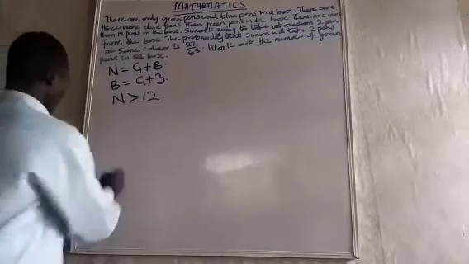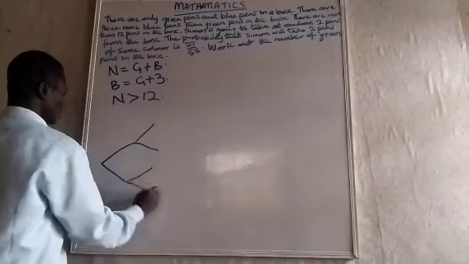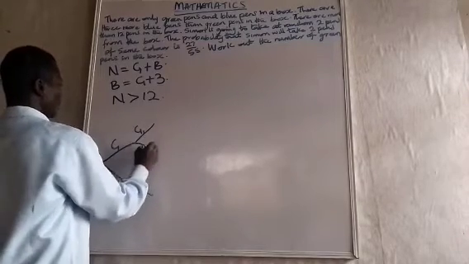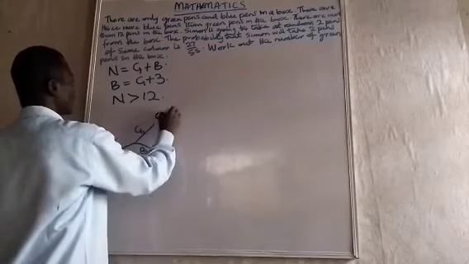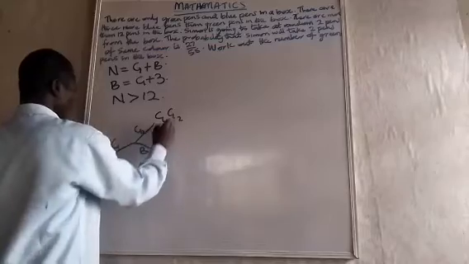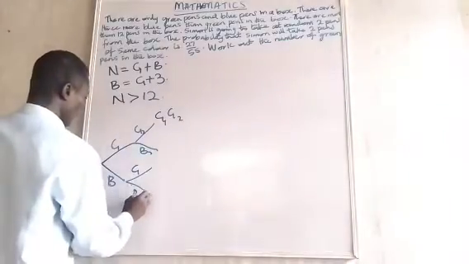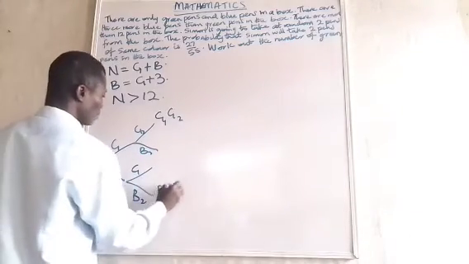The probability that Simon will take 2 pens of the same color is 27/55. So what does that say? If you use the tree diagram, we are going to have GG, GB, and BB.